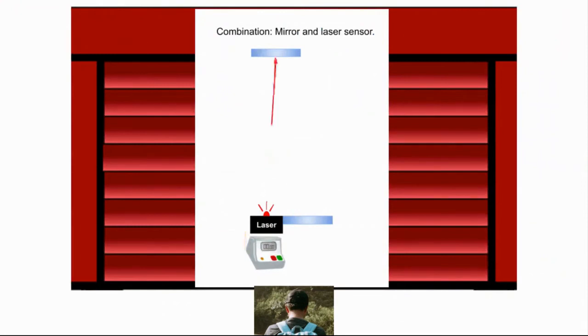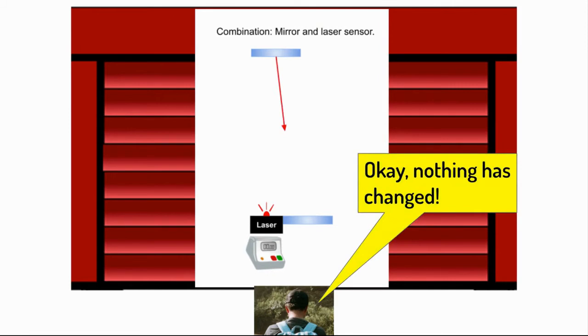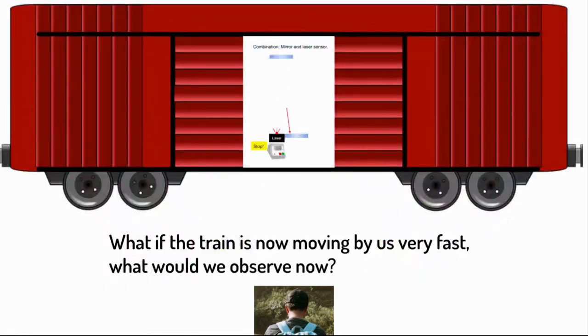It's on the car, the car's in front of us, we're watching it. Nothing's changed. All right, let's get this train car moving. Let's have it move really fast and see what happens.